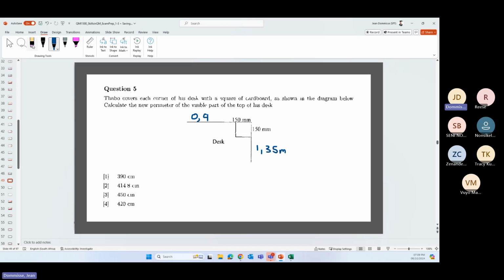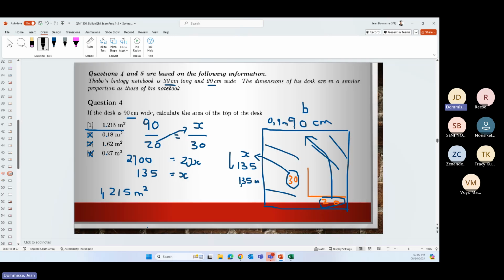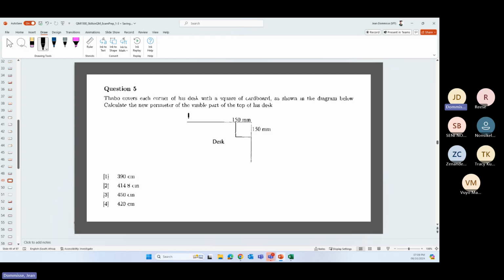But now they go back to centimeters. So let's use what we had in centimeters. So let's quickly check. We had 90 centimeters and 135 centimeters.